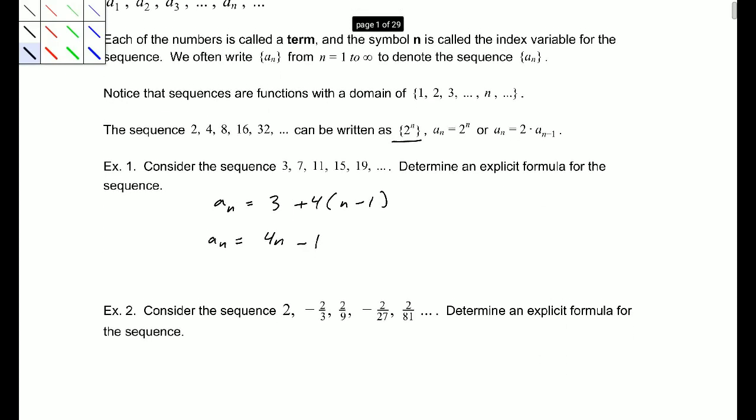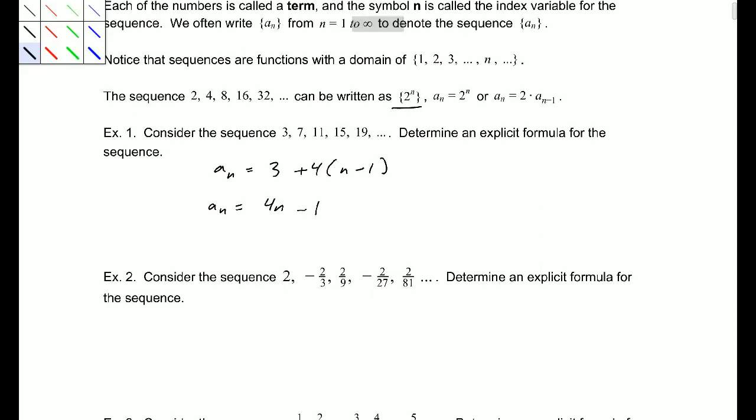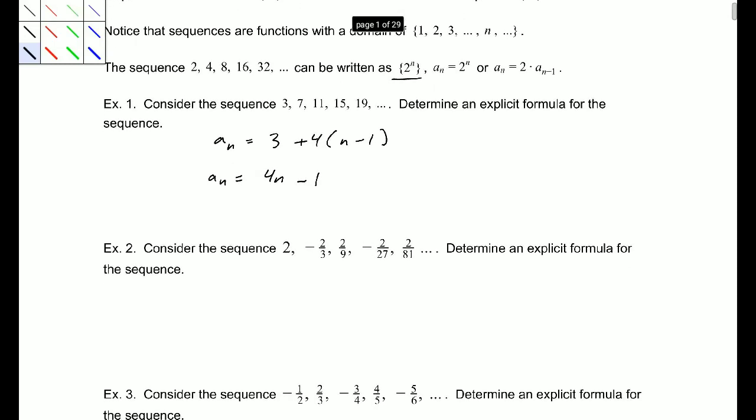Okay, number 2, consider 2, negative 2/3, 2/9, negative 2/27, 2/81. Write an explicit form. The first thing I notice is that I am starting with 2. Now, in this case, it appears we are multiplying by 1/3 each time. And I'm going to go ahead and put the n minus 1 there.